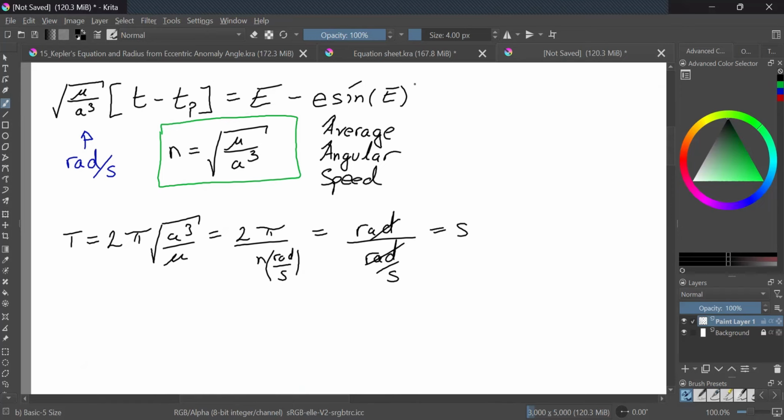And we can make this more compact by giving it its own definition, M. I'm going to go ahead and write that down here. M is equal to the eccentric anomaly angle, again, this is in radians, minus the eccentricity times the sine of the eccentric anomaly angle.